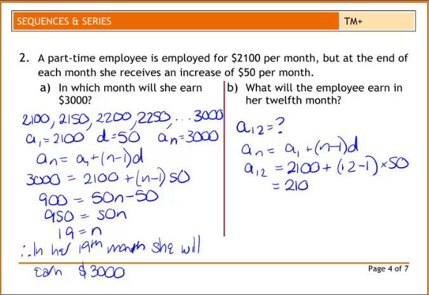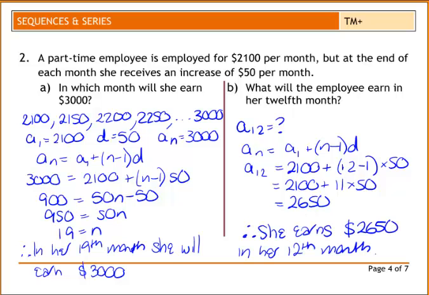So we get 2,100 plus 11 times 50. Plug that into your calculator and you get $2,650. Write your therefore statement: she earns $2,650 in her 12th month. At the end of that month is when it'll go up to 2,700.